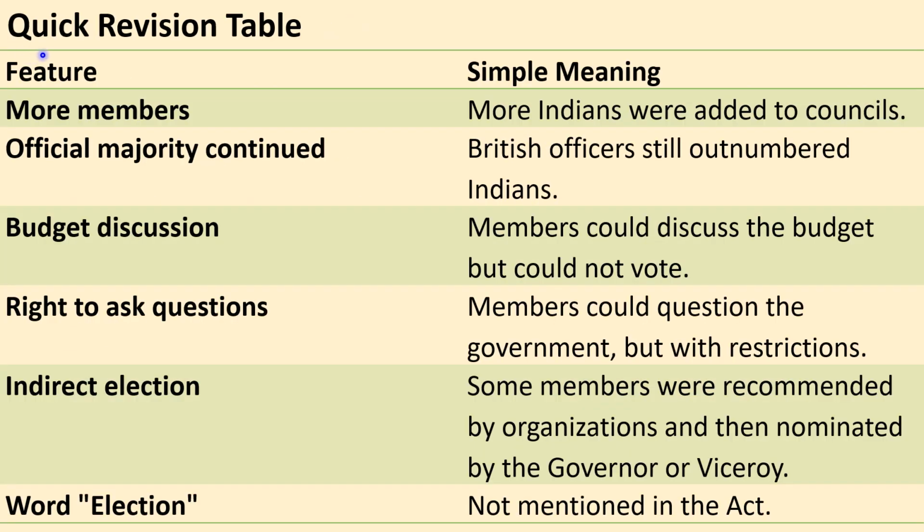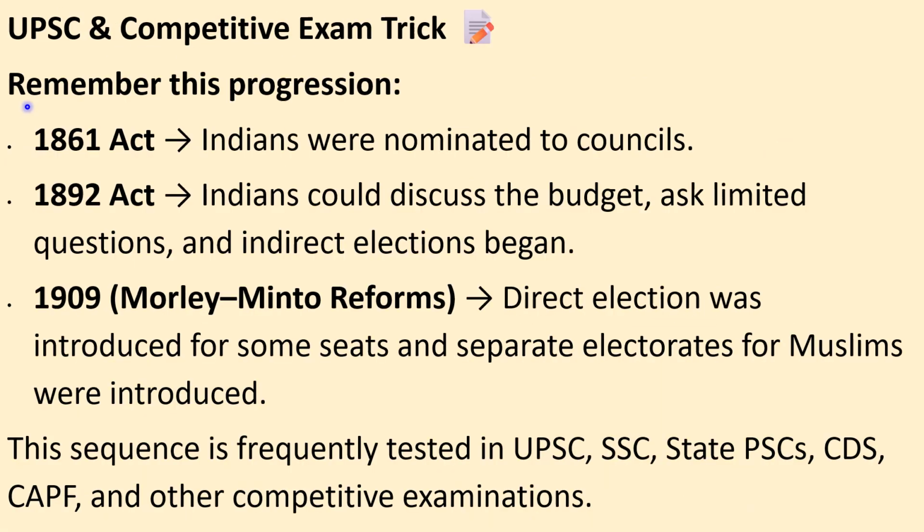You can just pause this video and read this quick revision table by yourself. Remember this progression. 1861 Act: Indians were nominated to councils. 1892 Act: Indians could discuss the budget, ask limited questions, and indirect election began. 1909 Morley-Minto reforms: direct election was introduced for some seats and separate electorates for Muslims were introduced.